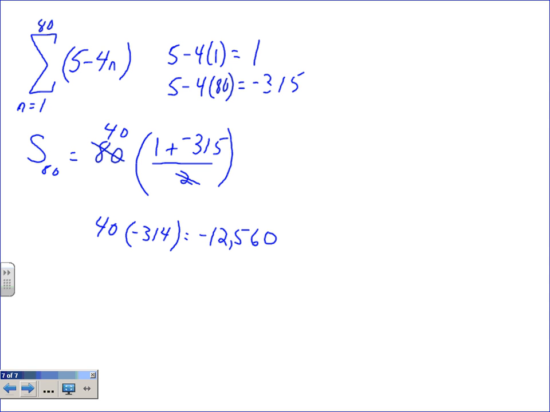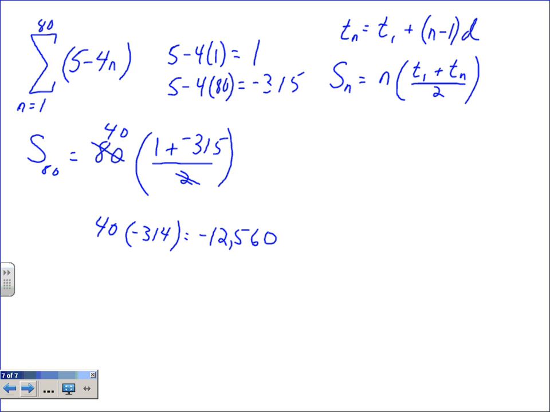That's to find any term. That's what we dealt with yesterday. Today we had the sum, which is n times, think of this as being the first term plus the last term divided by 2. The average of the first and the last term. Okay? And those are the two formulas you'll be using today.